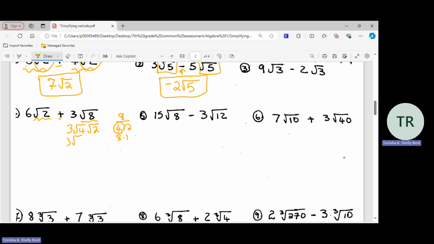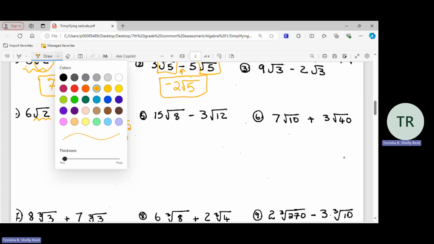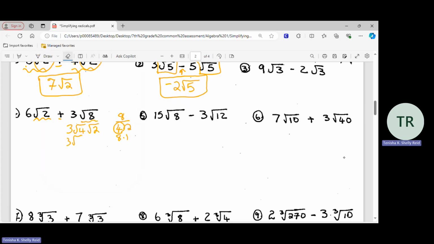So we have 3 times 2, and then we have the square root of 2. So all of this can be simplified into 6 radical 2. And then, of course, I couldn't do anything with the first one, so I still have my 6 radical 2. You can carry it down all the time, but I just carried it down at the end.